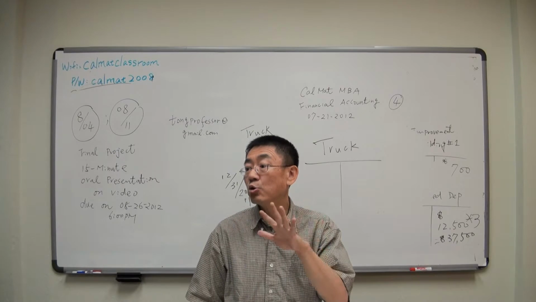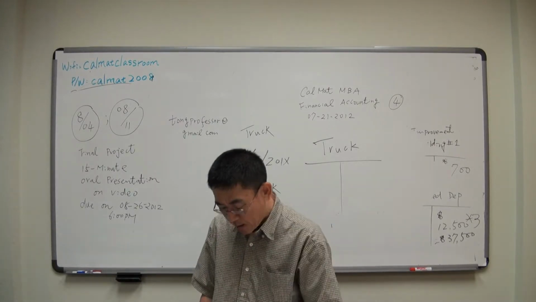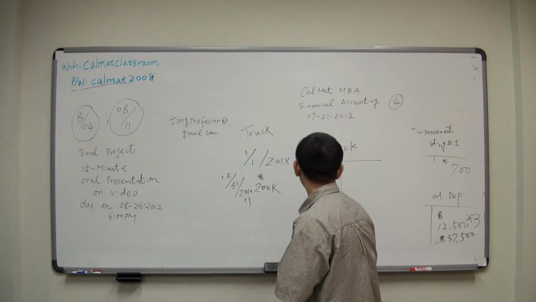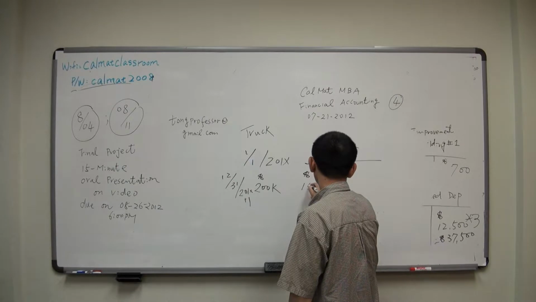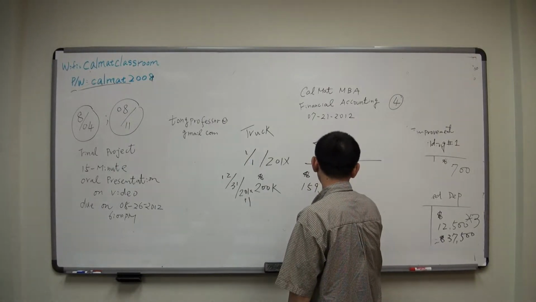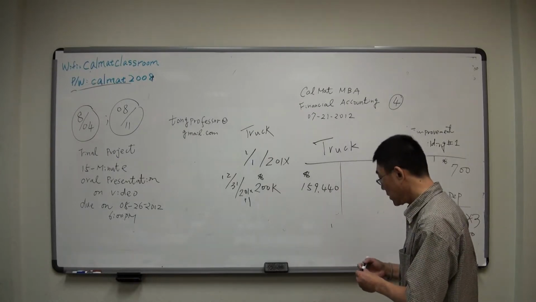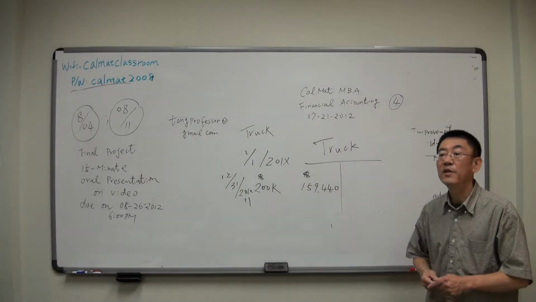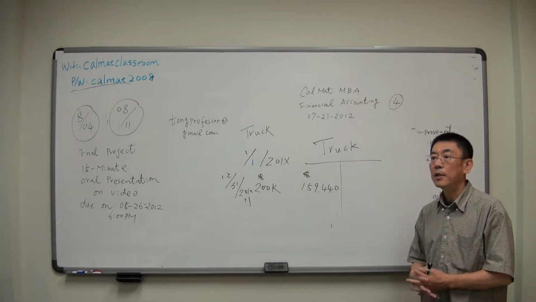So the value of the truck for today, you enter 159,440. So this is the value your company is going to enter.